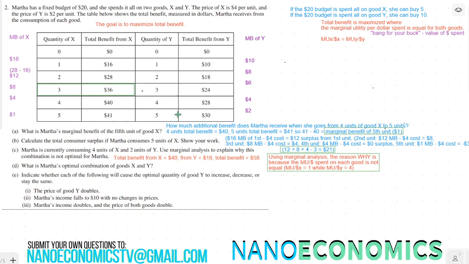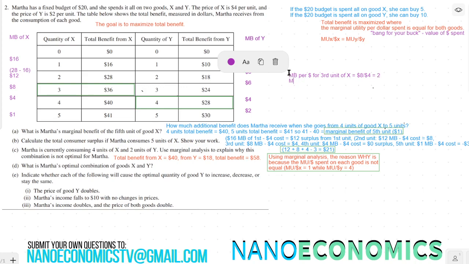So we've got 3 units of good X and 4 units of good Y, and the marginal utility per dollar of the 3rd unit of good X, I'm going to put marginal benefit per dollar for 3rd of X equals $8 over $4 equals 2.